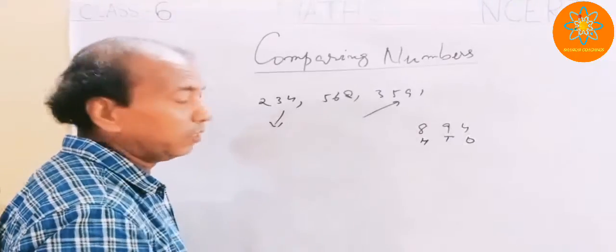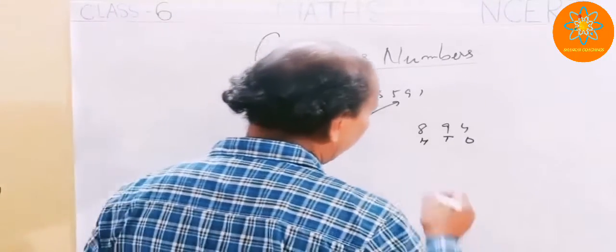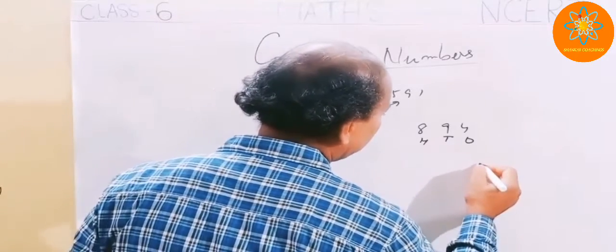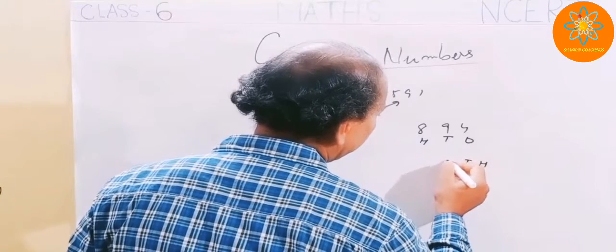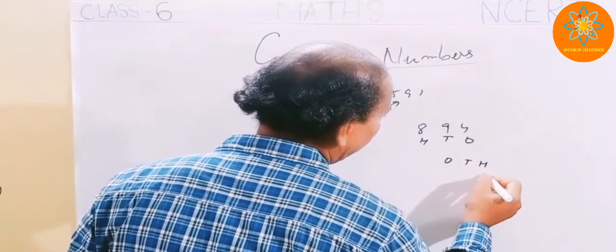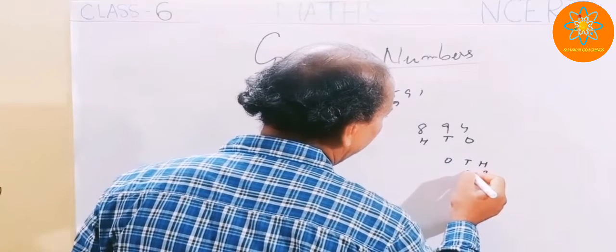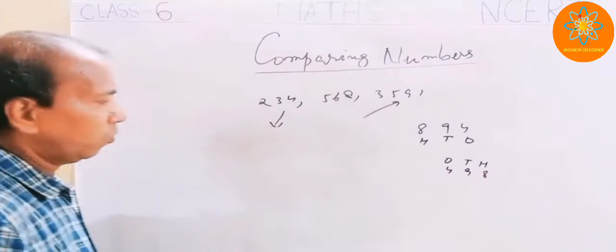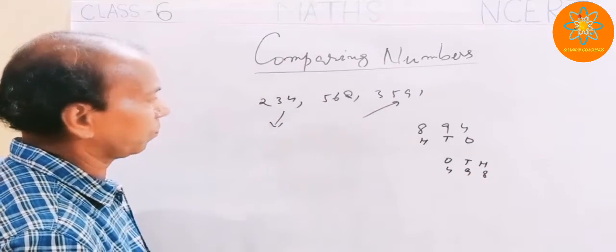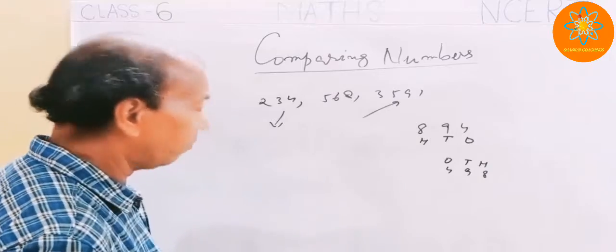If you want to shift the digits, it is shifting like this: 100 place, tens place, ones place. So it is 8, this is 9, this is 4. So 4, 9, 8. This is the shifting of digits.